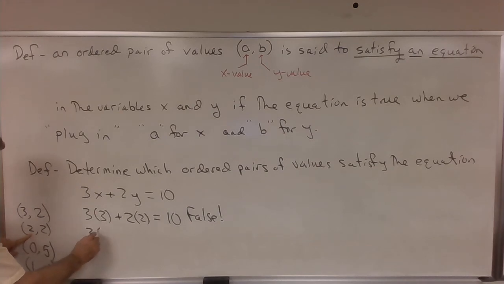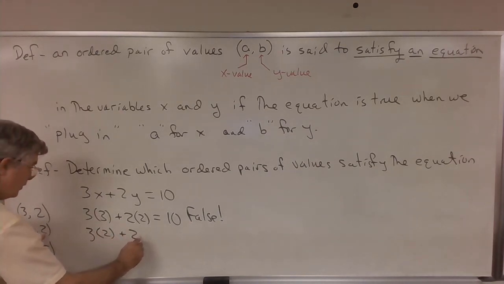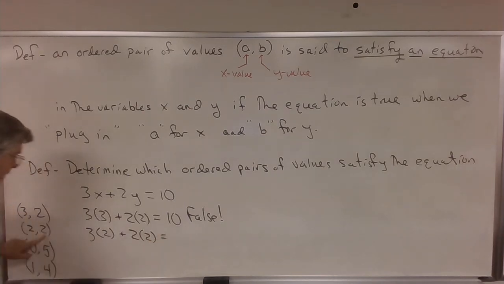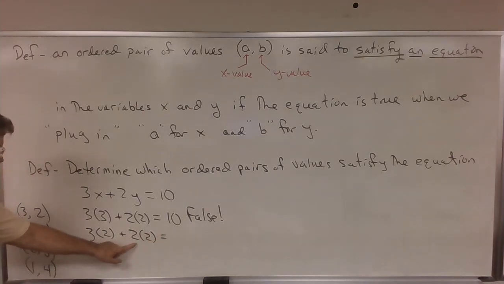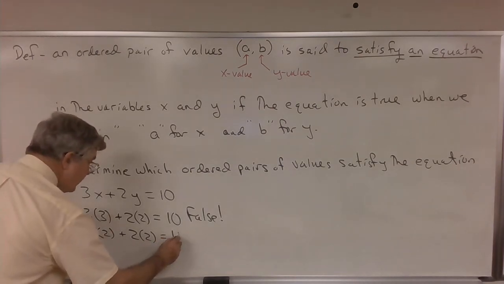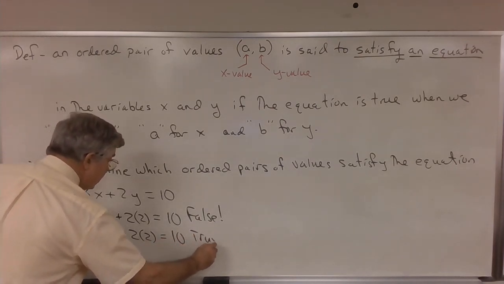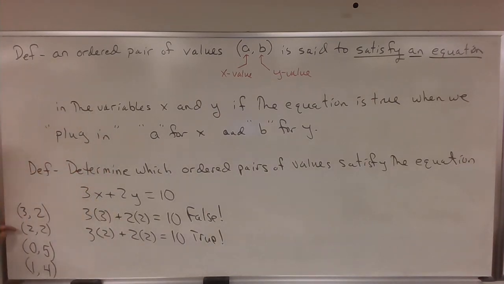So we'll have 3 times 2 plus 2 times 2. This is 6 plus 4 equals 10. Okay, that's true. This pair of values, I'm going to circle it because it does satisfy the equation.